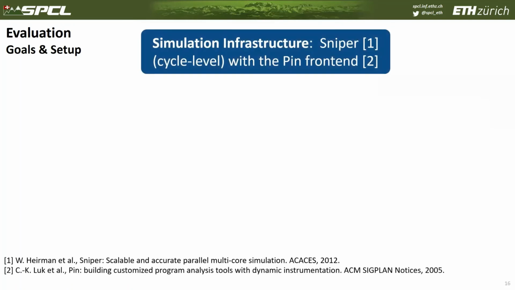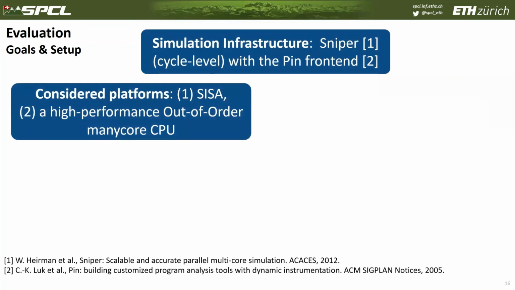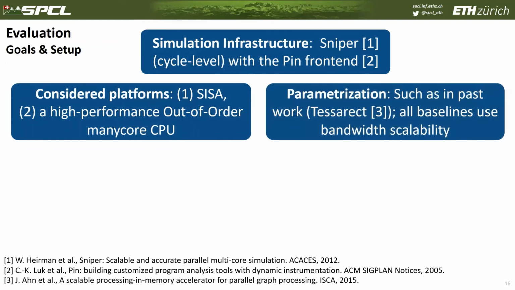We use the established infrastructure for the simulations, and we consider platforms as our hardware proposed extensions for SISA, and for anything else, we use high-performance out-of-order many-core CPUs. We use the same parameterization as in the past, and for fairness, all the baselines use bandwidth scalability.